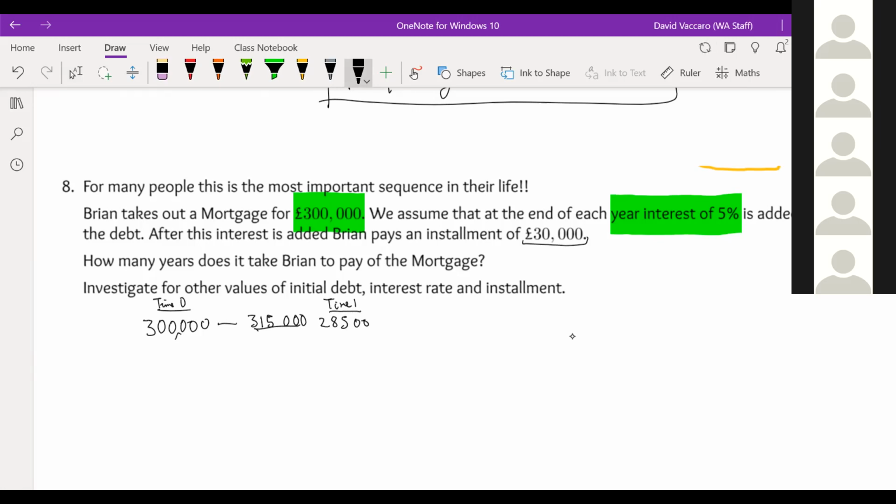So after 1 year, Brian owes 285,000. At time 2, we would add 5% interest, so we would multiply by 1.05, and then we would take off 30,000. Now, the debt obviously shrinks.